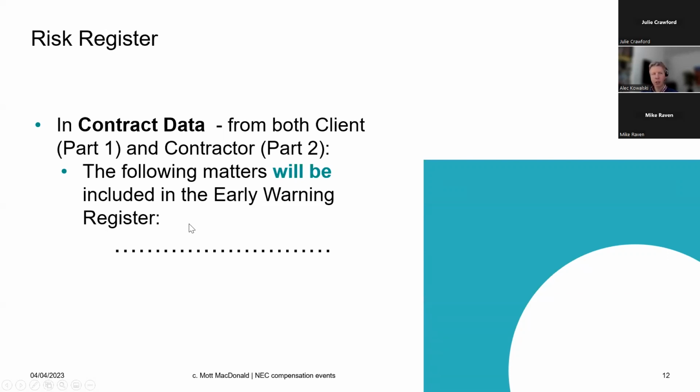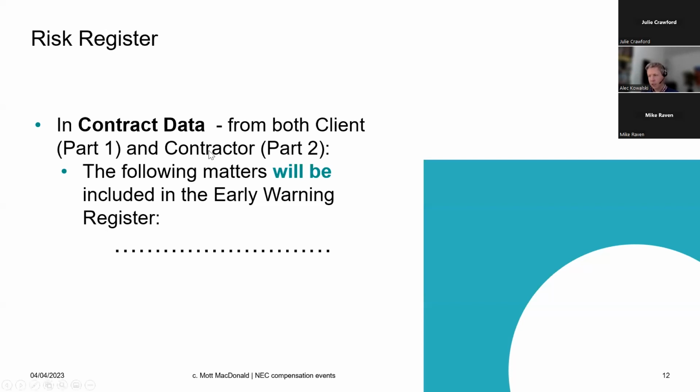So if you put, say, roosting bats on the early warning register, what you're doing there is you're giving an early warning. If the contract is otherwise silent, it's not included as a compensation event under a different section of the contract data, then the risk of roosting bats sits with the contractor.